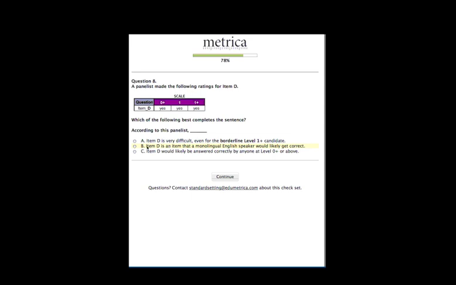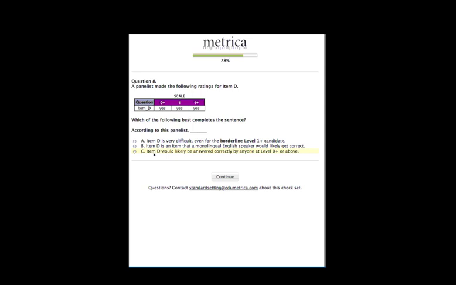Is this panelist saying B, that item D is an item that a monolingual English speaker would likely get correct? A little bit of a tricky choice here. The monolingual English speaker doesn't speak the target language. So B is not the right answer. What about C?